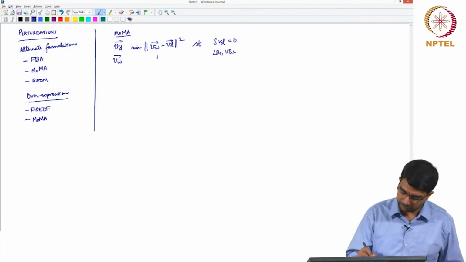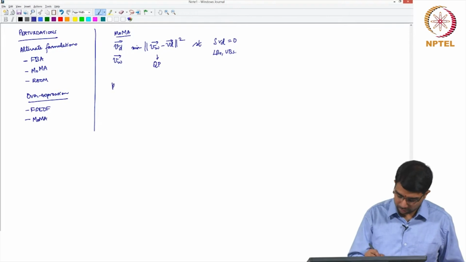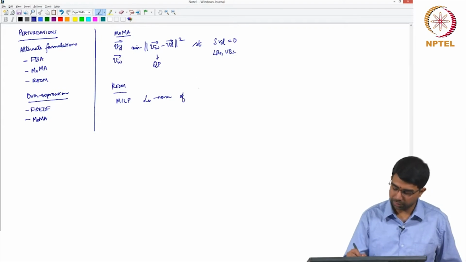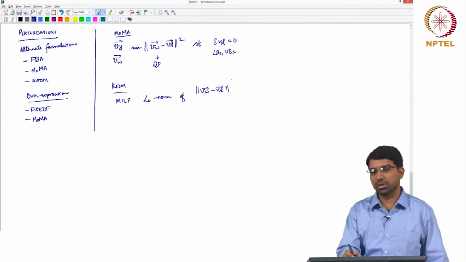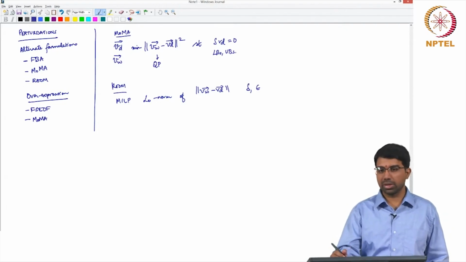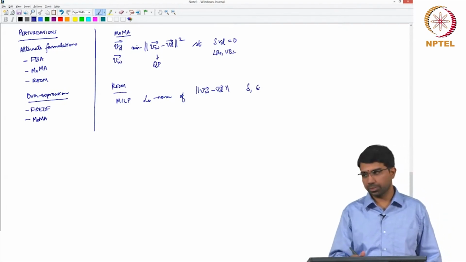So this became a quadratic programming formulation. ROOM came up with an MILP by trying to reduce the L0 norm, but it had some additional variations, like it had 2 parameters delta and epsilon that could be varied and so on and so forth, right.